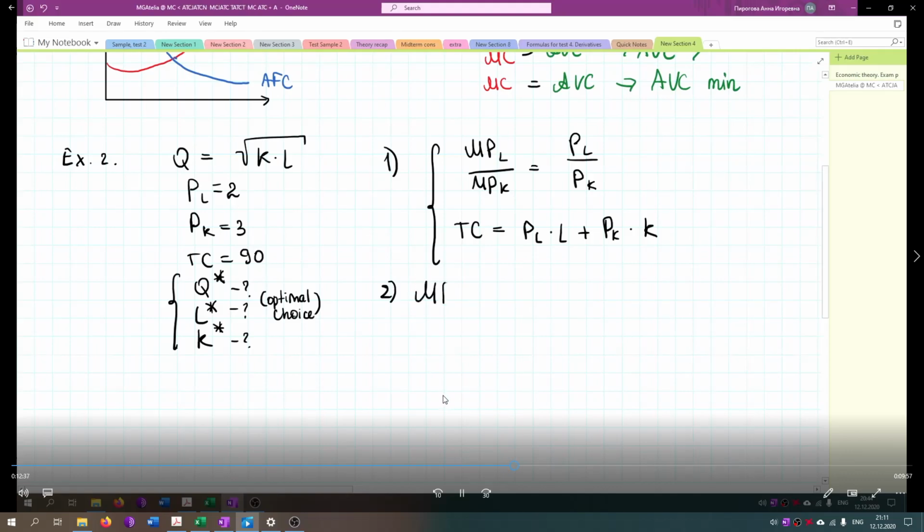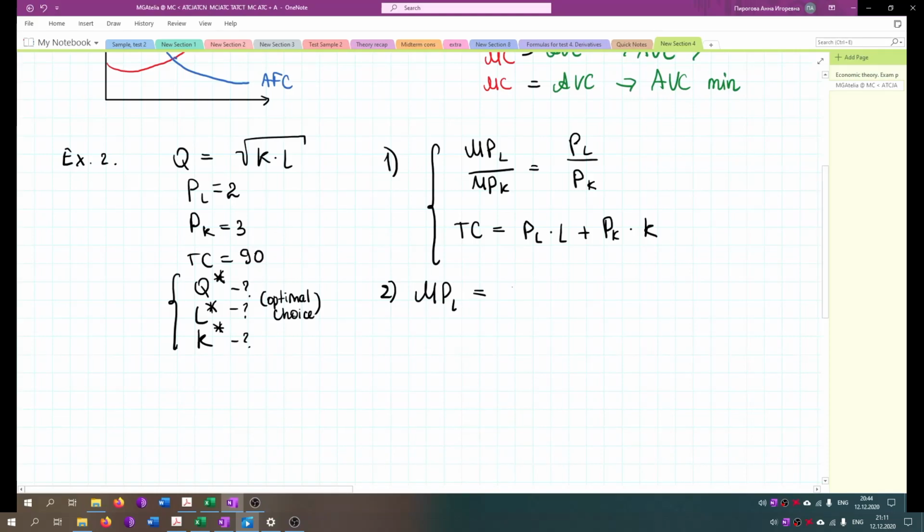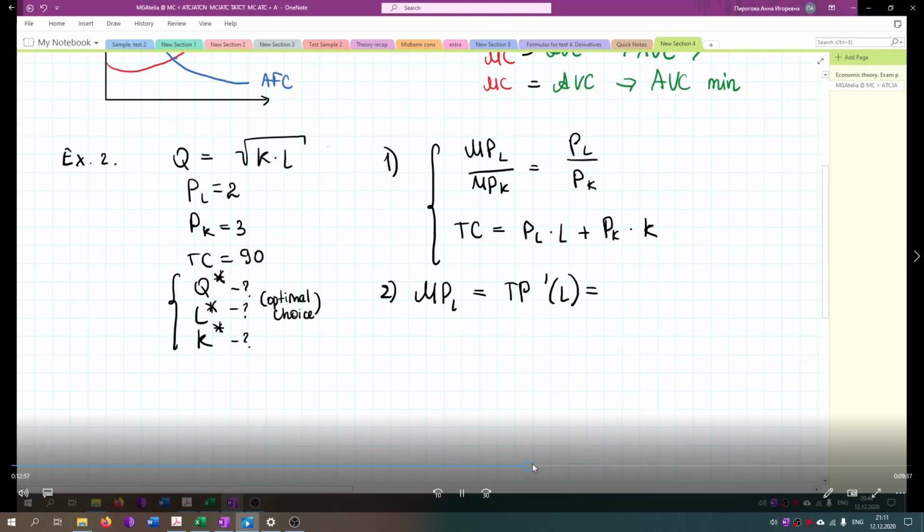So marginal product of labor will be equal to the derivative of our total product, and it is our function from the beginning. And then we need to slightly rewrite it in a more convenient form, so we will understand what's going on.